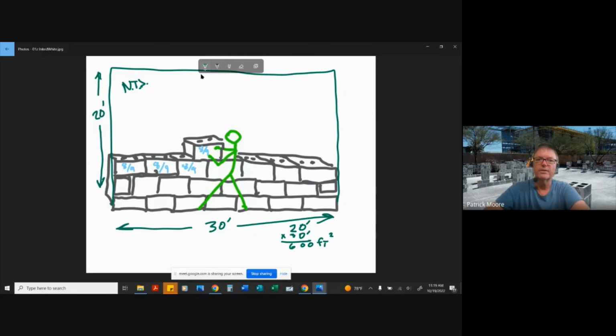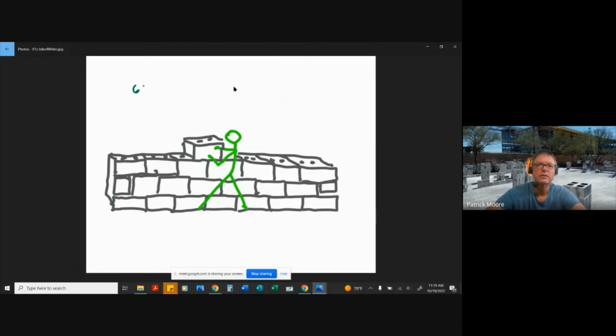So we're going to go 600 divided by 8/9. Well, this isn't the way to do that, right? So how do you divide fractions? 600 over 1 divided by 8 over 9. And does anybody remember how to divide fractions?